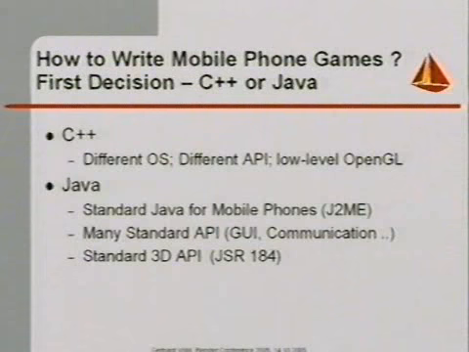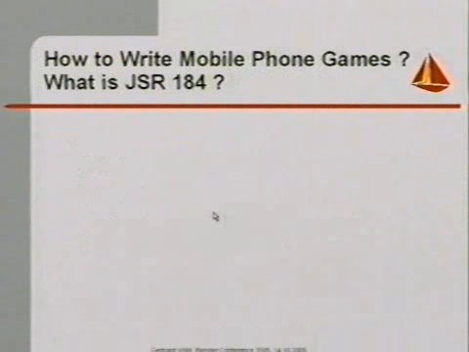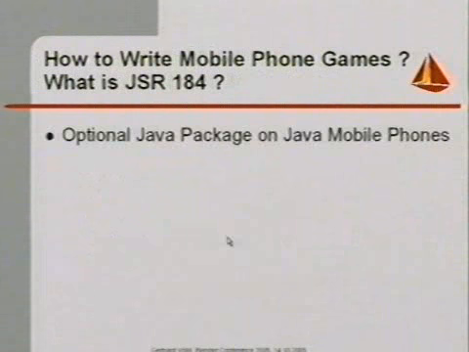And if you want to do that, you have to use JSR 184. It's a complicated name, but it's the name of an optional Java package which is on the newer mobile phones, and that package is a standard defined by the JSR, the Java Community Process.